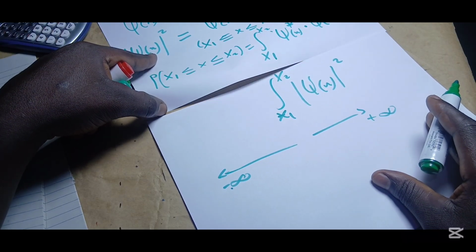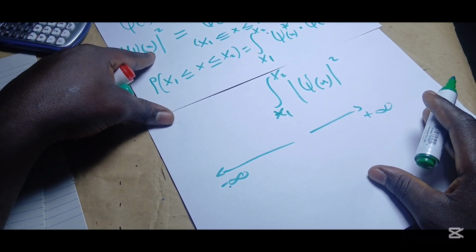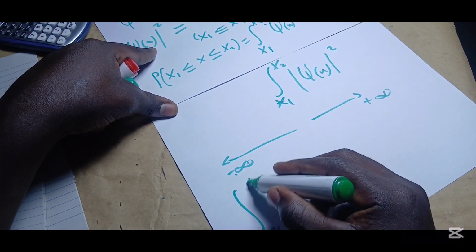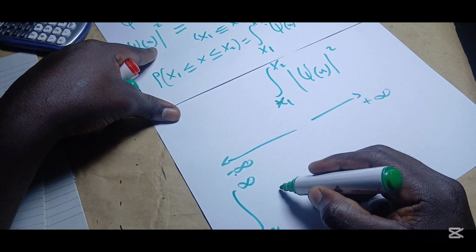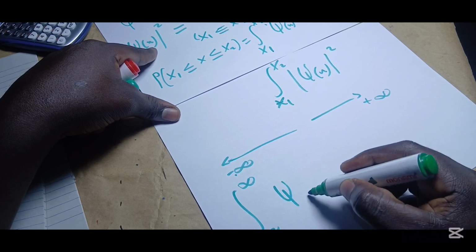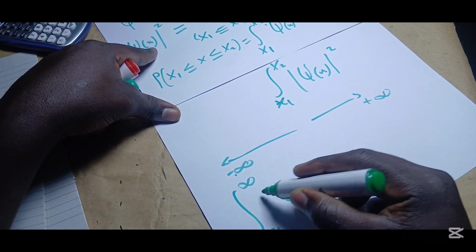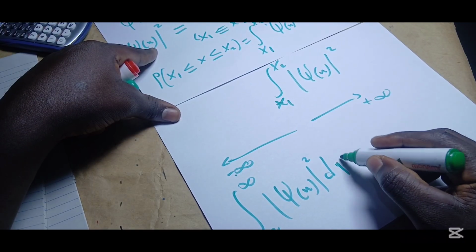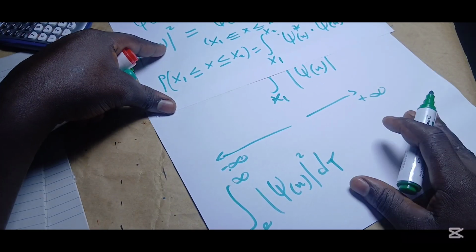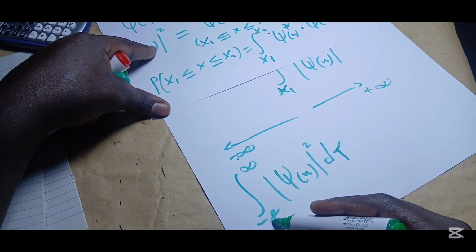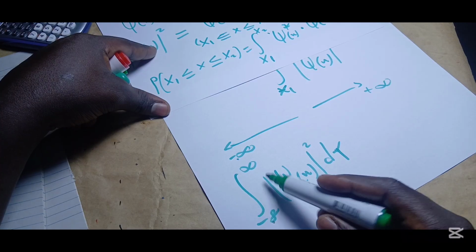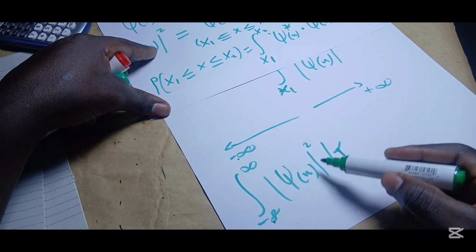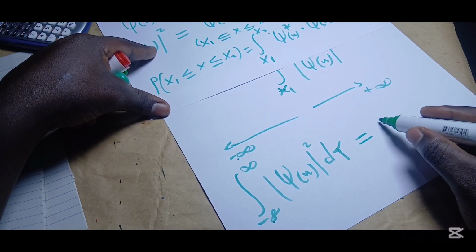So Born then proceeded with his statistical interpretation that if we integrate the wave function from negative infinity to positive infinity, over the entire space, the probability of us finding an electron, the probability density, must be equal to 1.